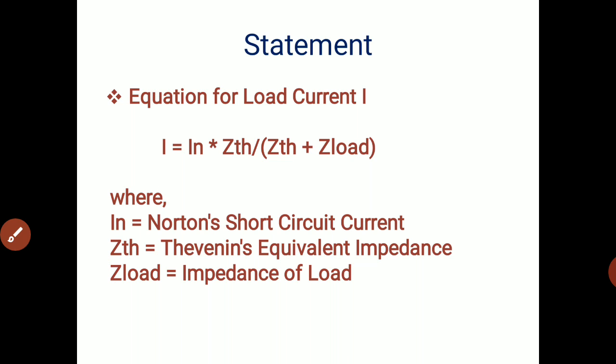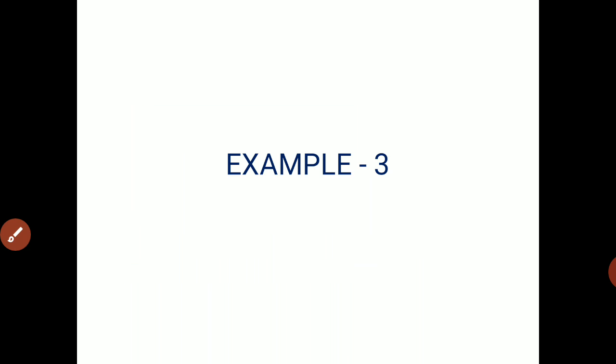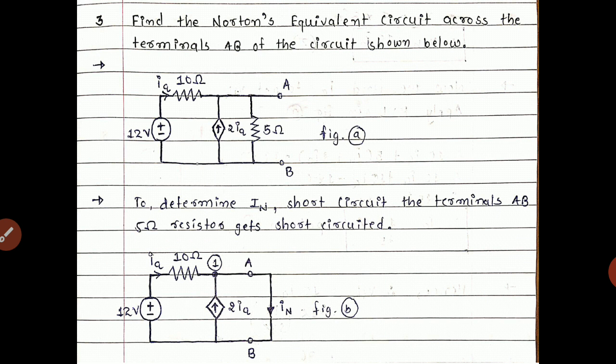Now we start example number 3. The question is: find the Norton's equivalent circuit across the terminals AB of the circuit shown below. Here one circuit is given, with one dependent source and one independent source.